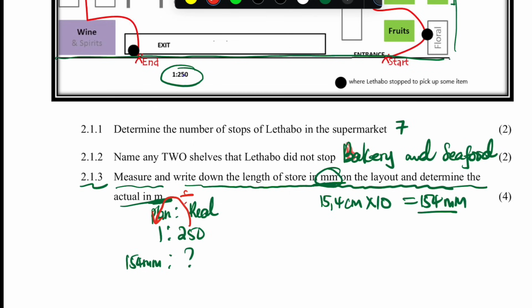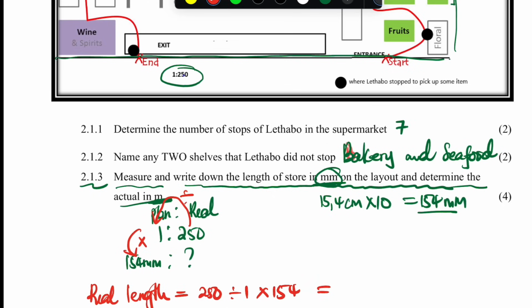We divide 250 divided by 1, and then we say 1 times the answer times by 154. So the real length, or the real life length. So we say 250 divided by 1 times by 154.